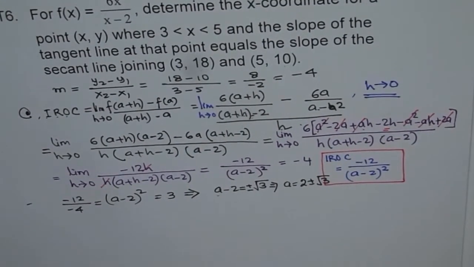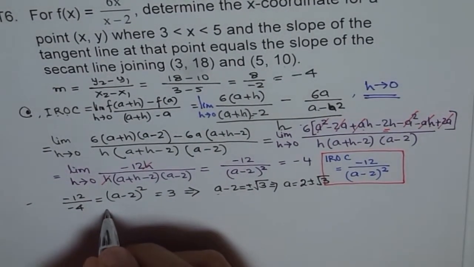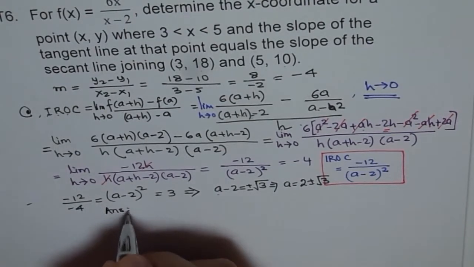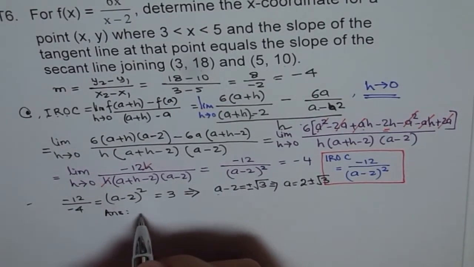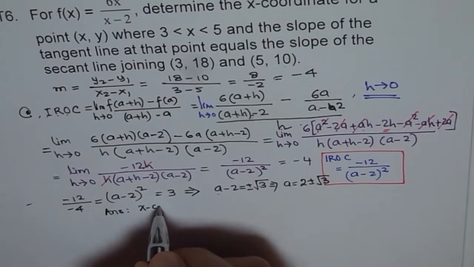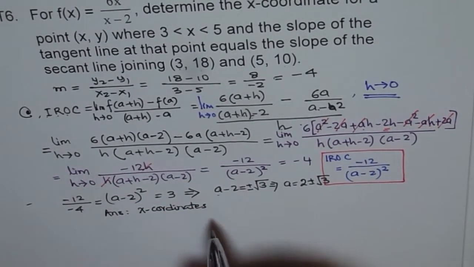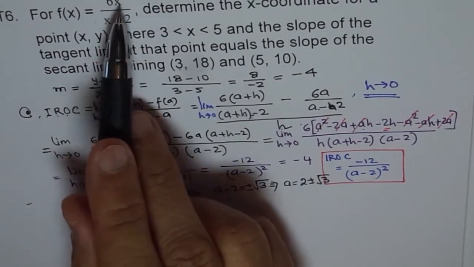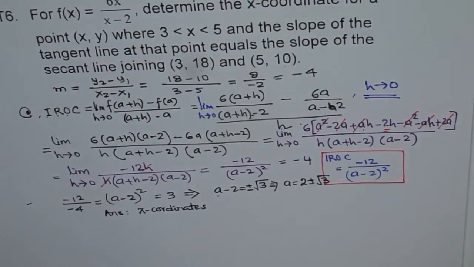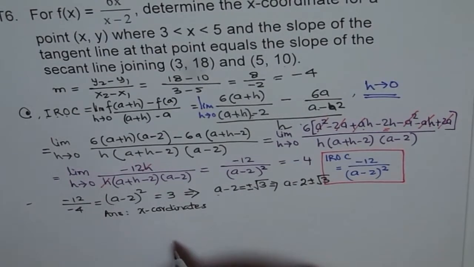So now we can write down our answer. And that is the x coordinates of the points, so we say x coordinates only, right? If the question is to find the coordinates, you have to plug in this x value here and find y, f of x. That is a big exercise which you should do on your own.